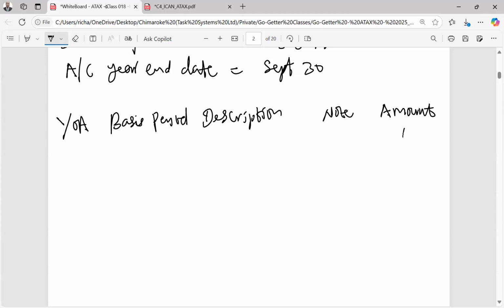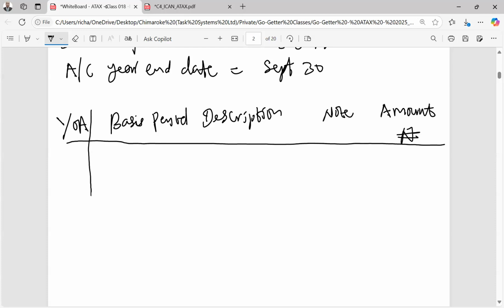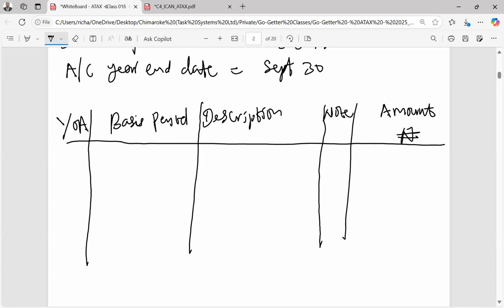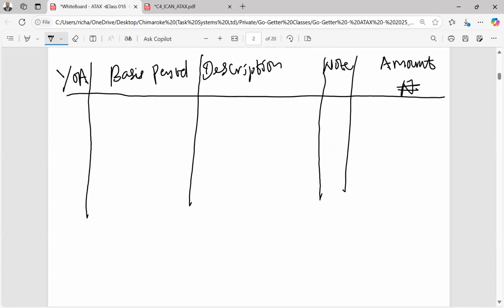And this is going to be in Naira because it is a Naira transaction. I'm going to underline all of these here, and this. So let's go.